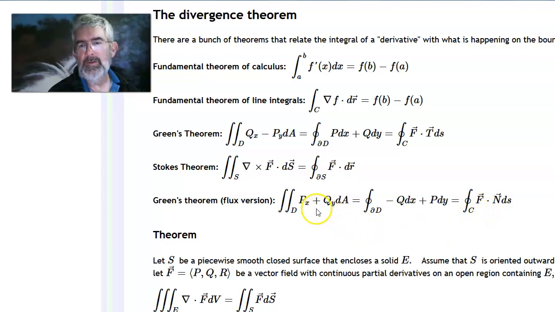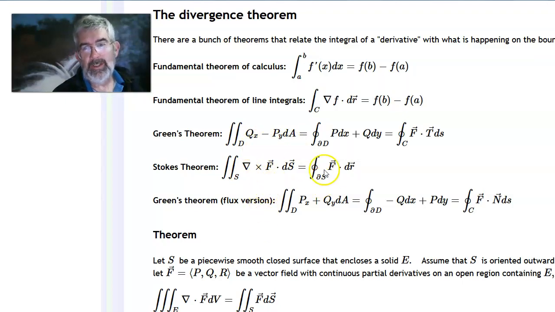And it was related to the double integral of partial P with respect to x plus partial Q with respect to y. And remember, that is the notion of divergence in the plane. So the line integral of the normal component of the vector field was equal to the double integral of the divergence, whereas the line integral of the tangential component was equal to the double integral of the curl.